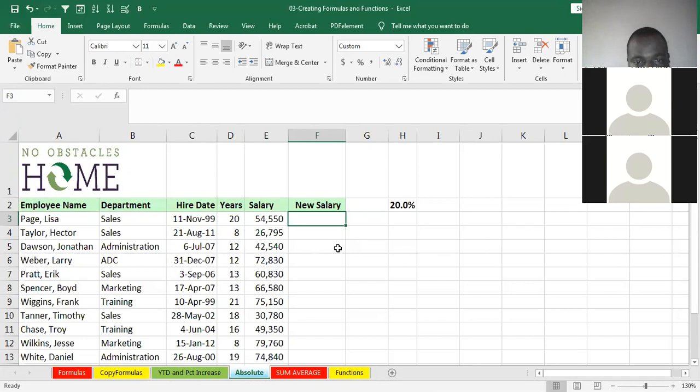E3 plus. Okay, there is an old salary, but the organization that you are working in wants to increase people's salary by 1,000. So what is going to be the formula that we'll use to increase Lisa's salary to get the new salary that she will be receiving?